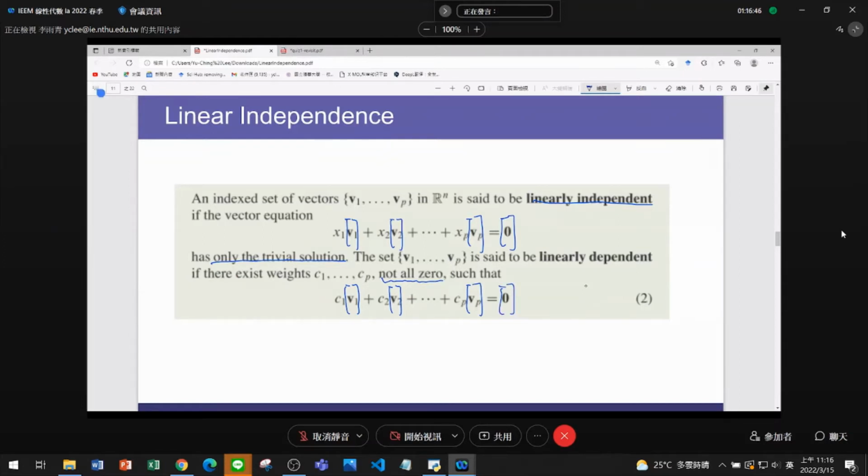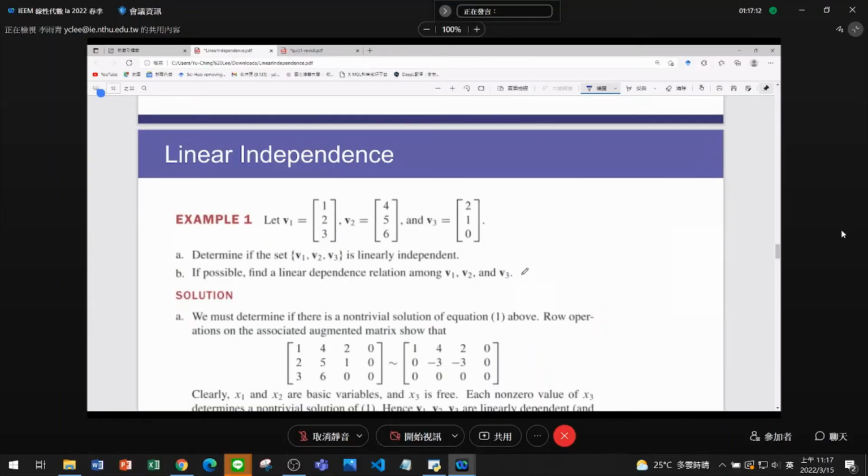If I have non-zero solutions to this equation, then the set of vectors is said to be linearly dependent.